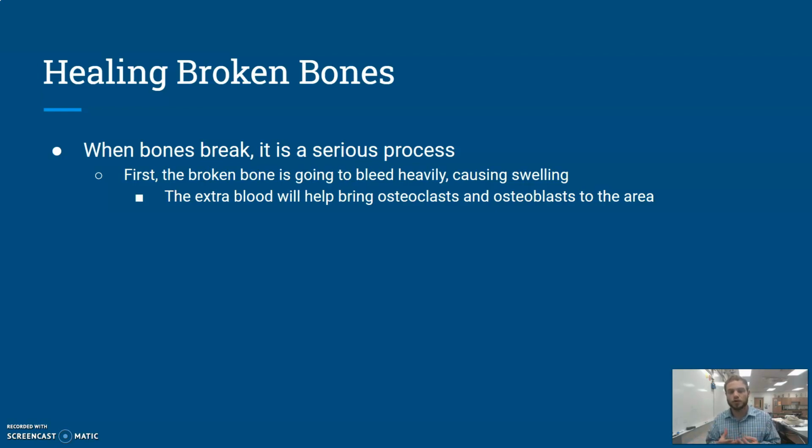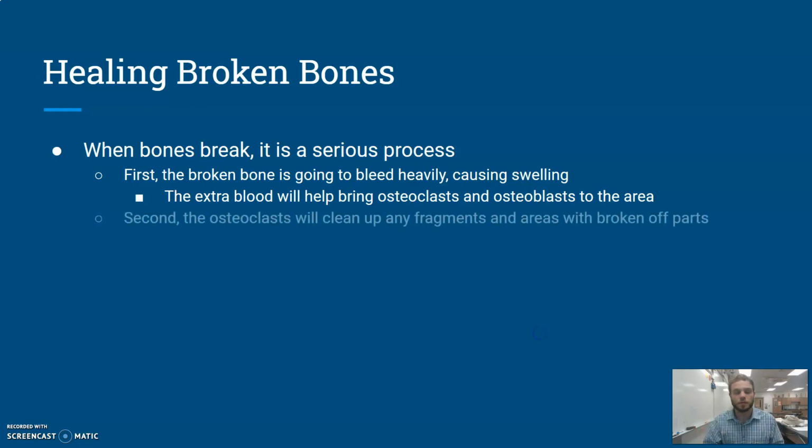You have plenty of nutrients, you have plenty of osteoclasts, you have plenty of osteoblasts in the area that you're going to need for this process. Your osteoclasts are going to be looking for any sort of fragments or broken off pieces or maybe some sharp edges to that bone, and they're going to try to smooth it down. Now there's a whole other process with cartilage and everything being deposited around here.